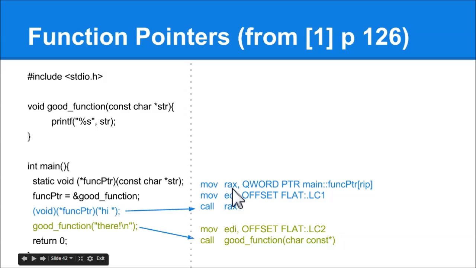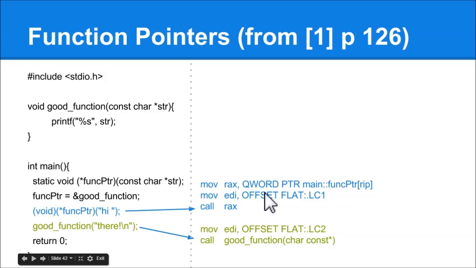You see in both that they have this line in common, the move into EDI. So what it's doing is it's setting up a parameter to be passed to the function. And in this case, EDI is where it's expecting the string parameter to be located, the first index of that array, and then it starts using it iteratively. All right?